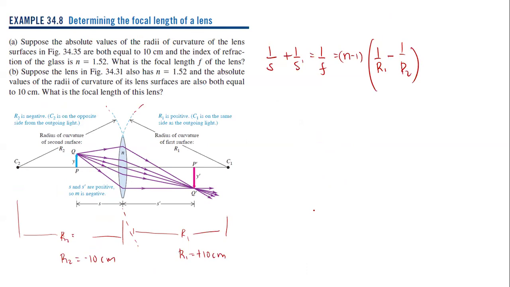So what do we have next? Solve for F. So 1 over F is just equal to n minus 1, which is 1.52 minus 1, times 1 over R1, which is 10 centimeters, plus 1 over negative 10 centimeters, with the minus sign.